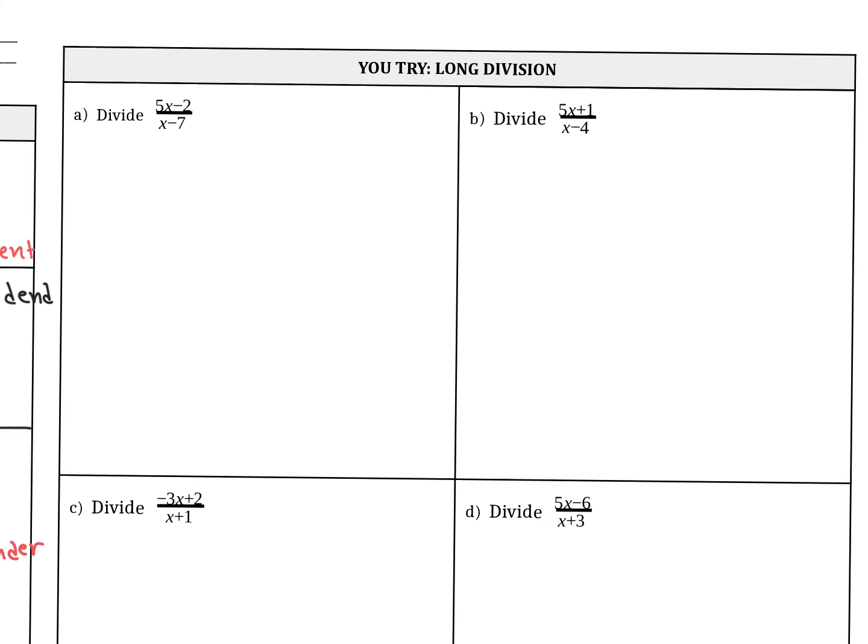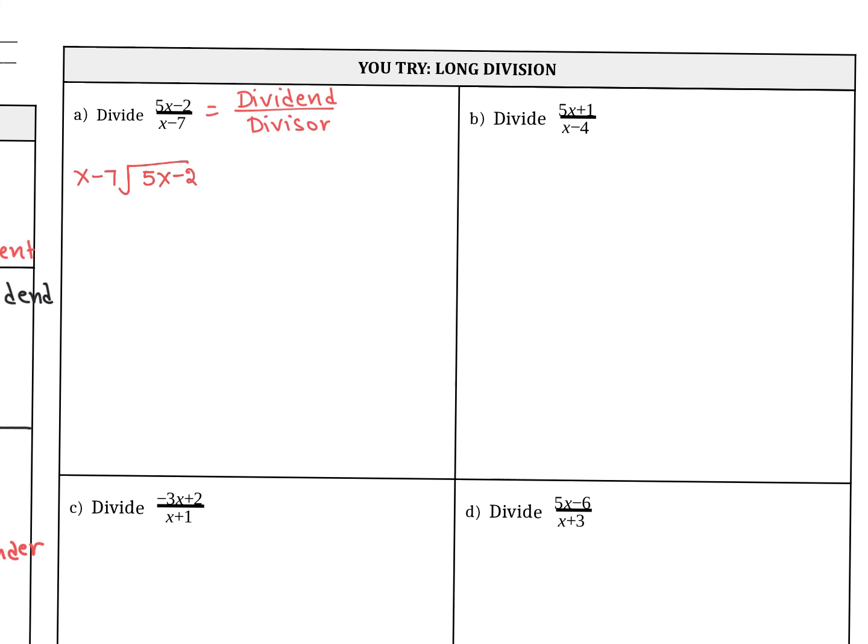So let's do this one again. That is dividend on the top, and this is going to be divisor. So you're dividing 5x minus 2 by x minus 7.